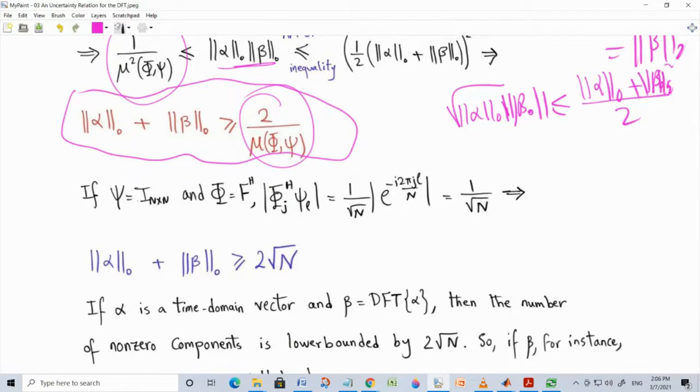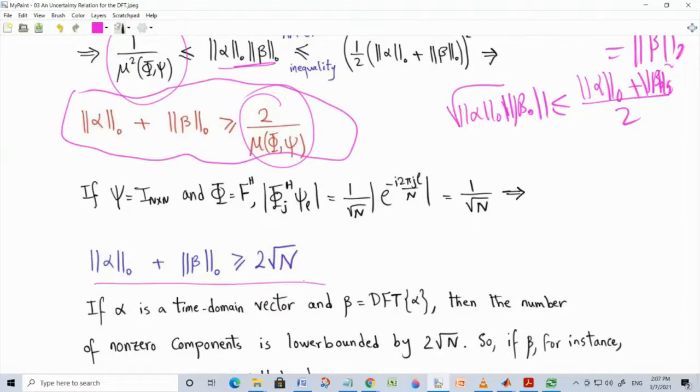Okay, so what is the meaning of something like this? Suppose that you have a signal that is sparse in frequency, which means that its DFT is non-zero perhaps for 1 or 2 k values. So its DFT is non-zero for a few k values. Otherwise, its DFT is 0 or negligible.